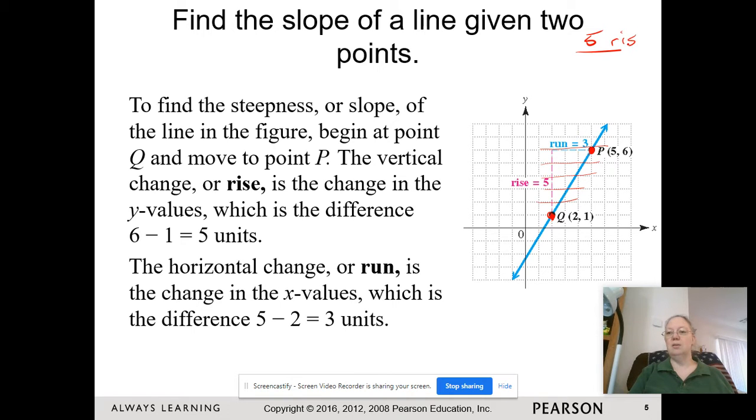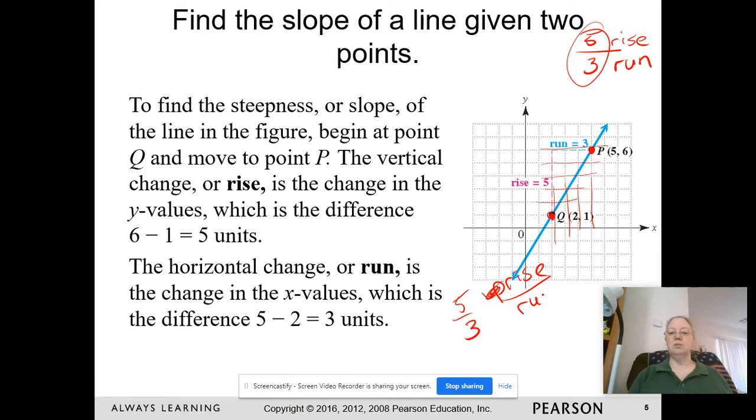This is my rise. And how many do we go to the right? So I'm going 1, 2, 3 to the right. And so this is what's called run. And so my slope would be 5 over 3. We always put the rise, how much we go up or down, on top.